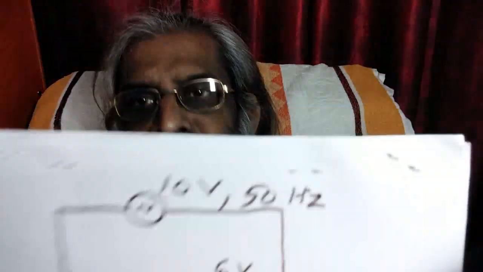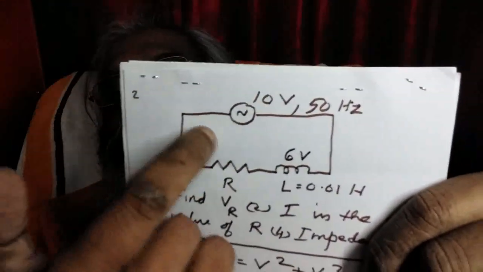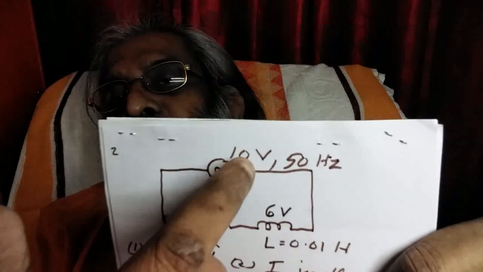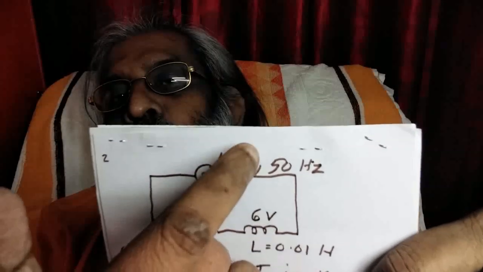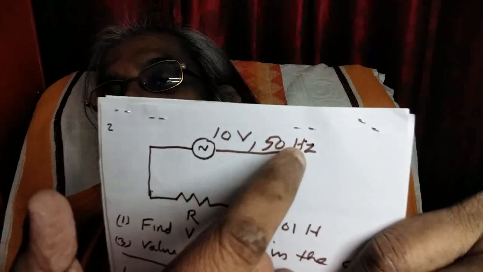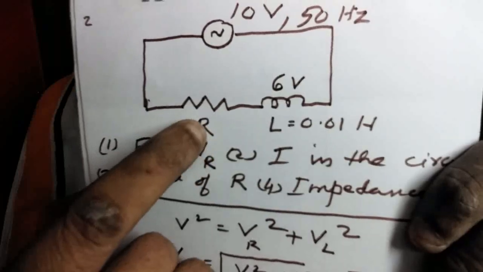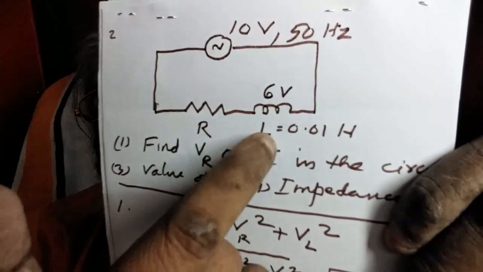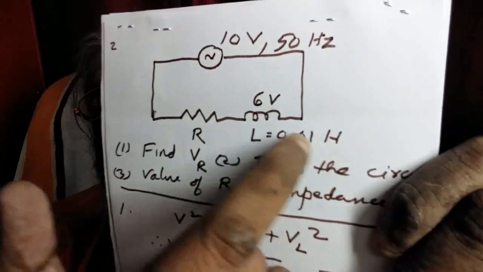Another question. This is an AC circuit, LR circuit. Applied voltage RMS value is 10 volts. Frequency is 50 cycles per second or 50 hertz. R value is unknown. Inductance of this coil is 0.01 Henry.